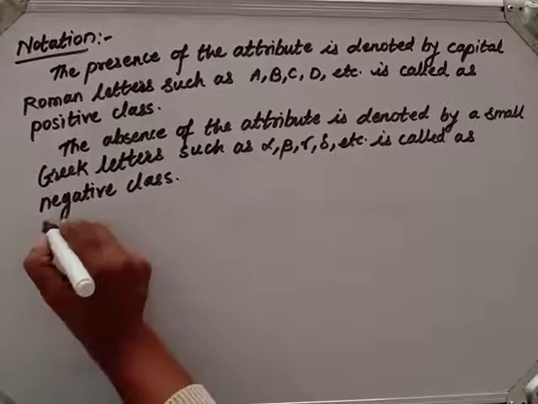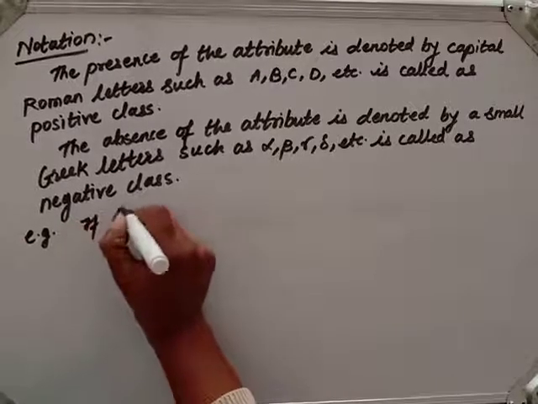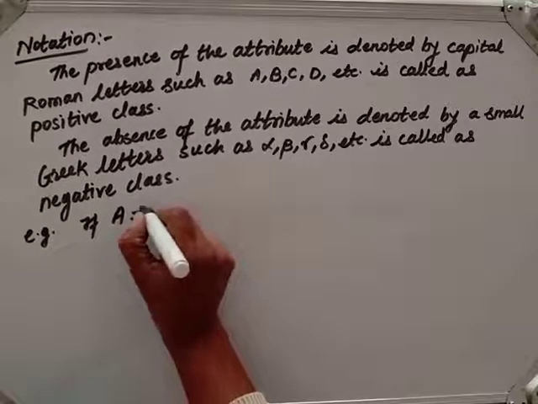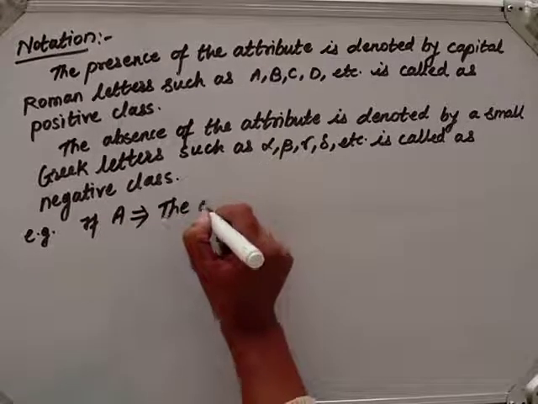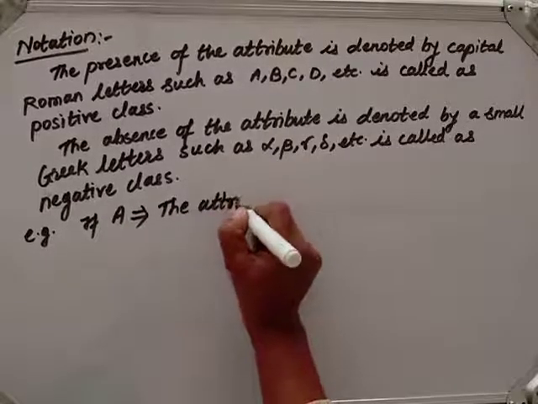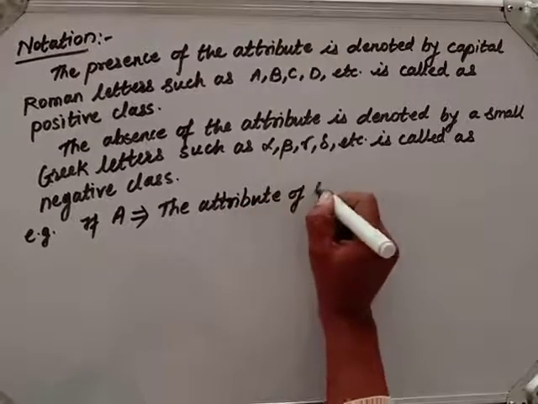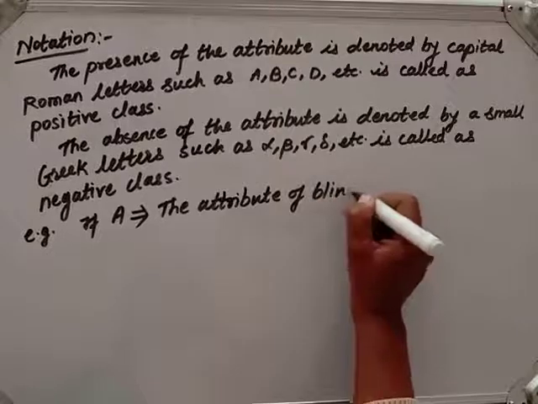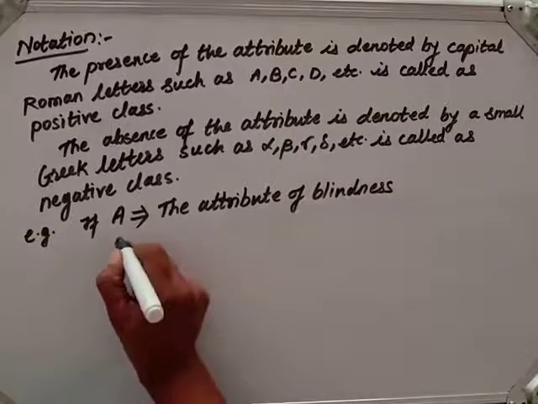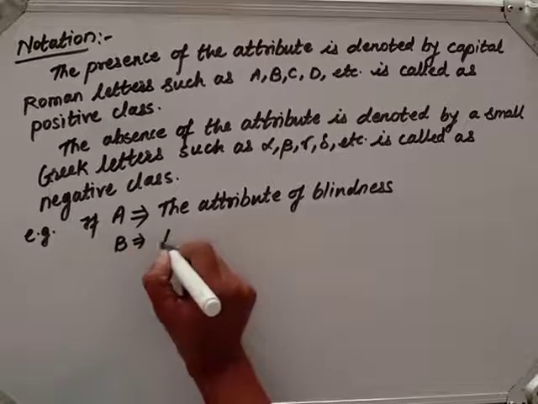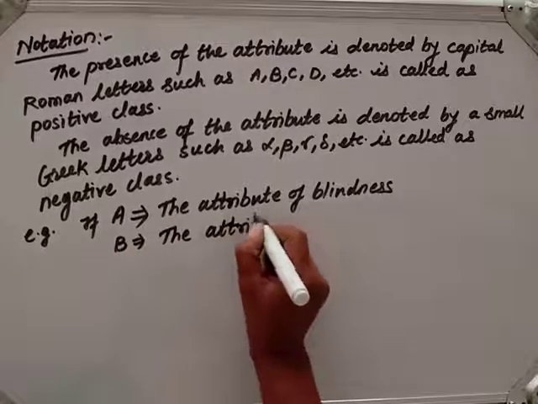Now, for example, suppose A represents the attribute of blindness, and suppose B represents the attribute of sickness.